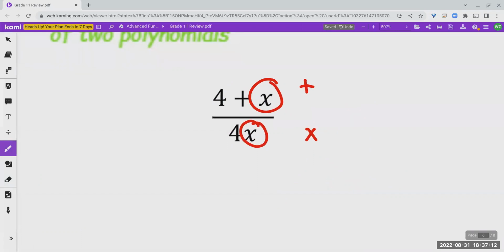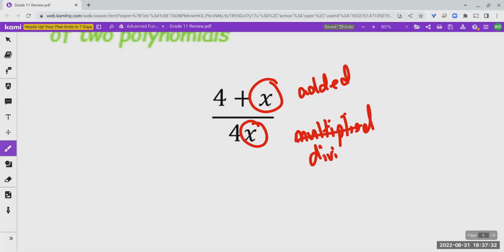This x is being... Crap, that looks like an x. I'll write out the word. The x on top is being added. The x on the bottom is being multiplied. They're not the same thing. They don't cancel. Okay, well, technically this is being divided because it's in the denominator. So you divide by the x, but the x is multiplied to the 4 though.